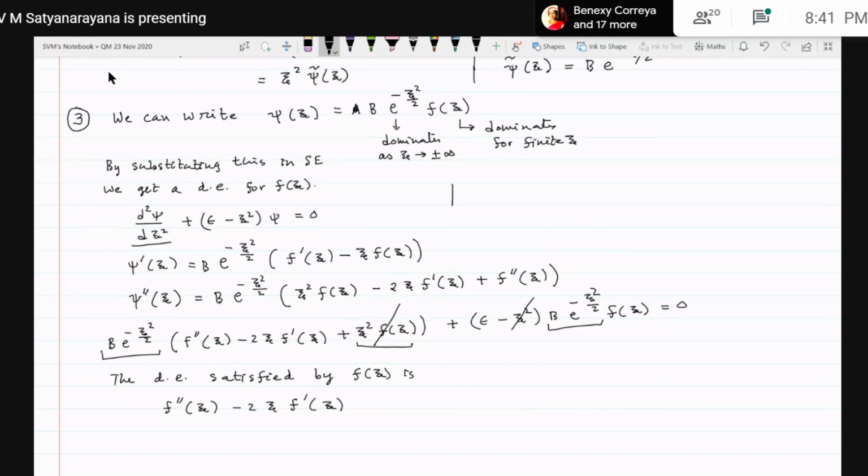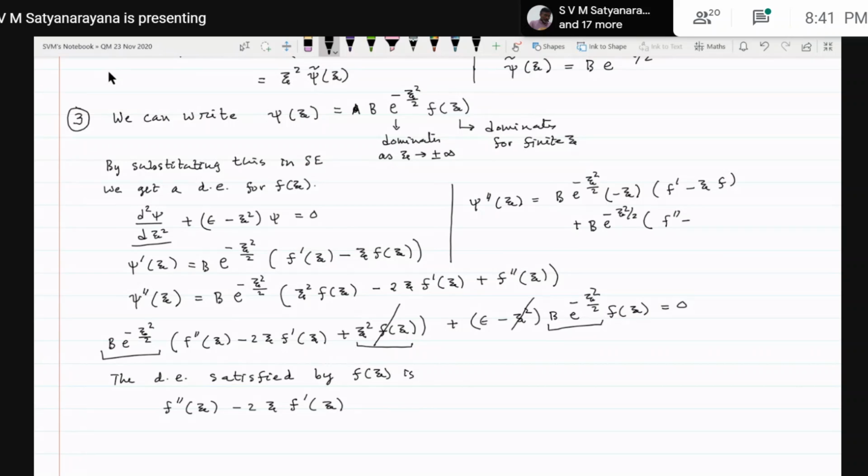Okay, so let me just see if I have done this correctly. My psi double prime of xi is equal to b e to the minus xi square by 2 into minus xi into f prime minus xi f plus b e to the minus xi square by 2 into f double prime minus f of xi minus xi into f prime.